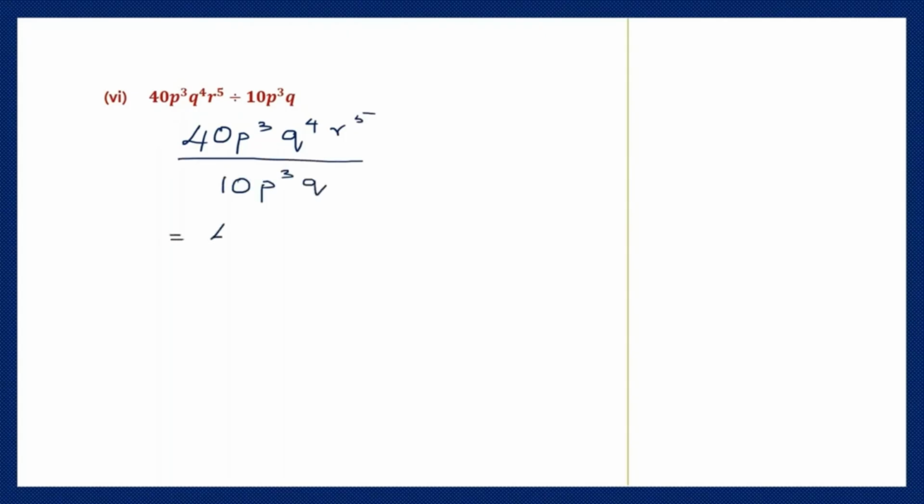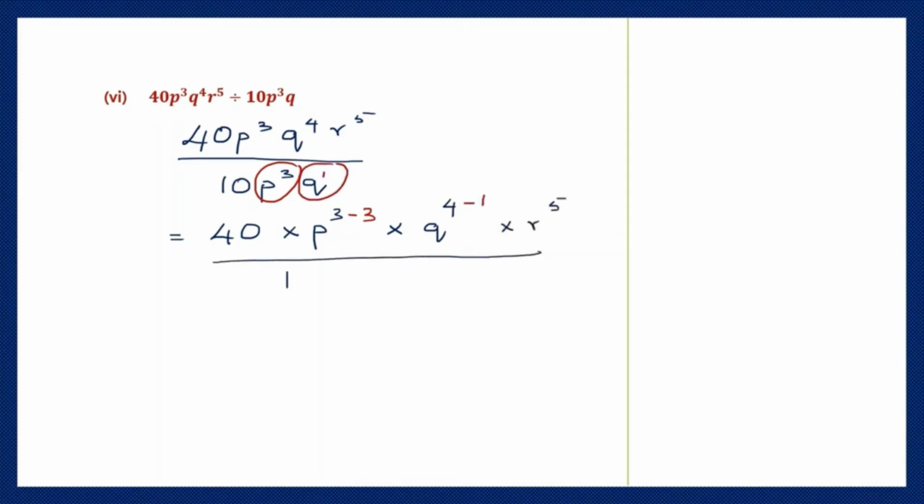So let's write that. 40 into p to the power of 3 minus 3, into q to the power of 4 minus 1, into r to the power of 5. So here we have 10 left here because p to the power of 3 and q to the power of 1 have already been removed.